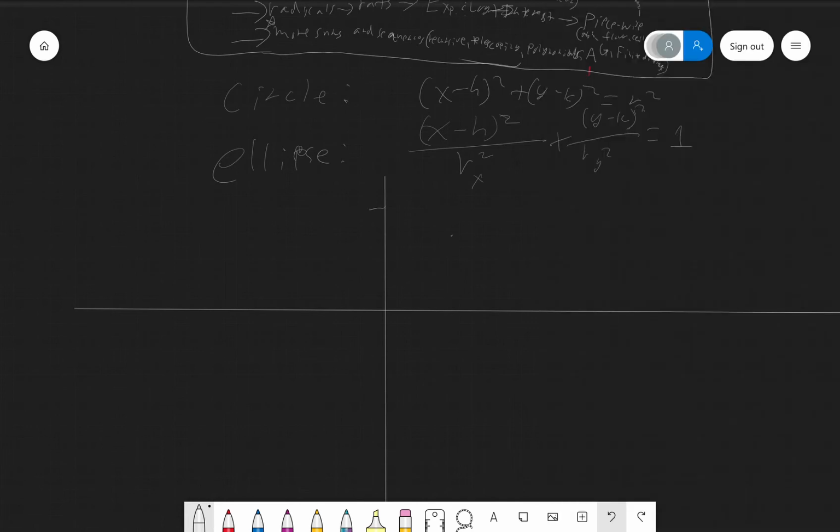Say we had a circle like that. So the first step is to find the middle. Let's say it's around right there. So now the middle is h comma k, and the radius is r.